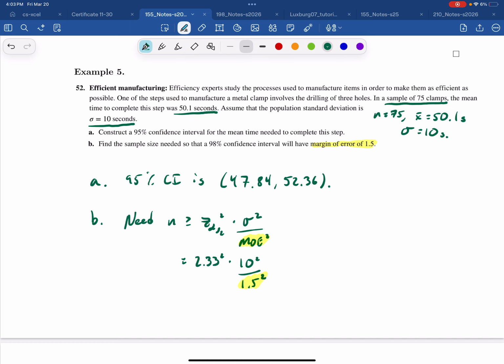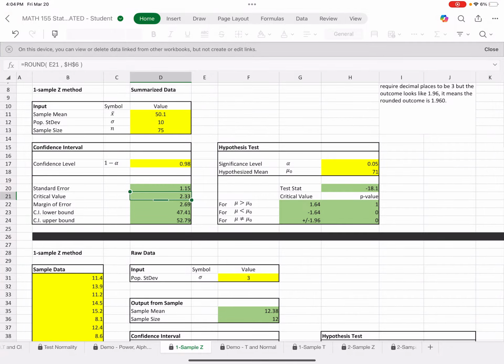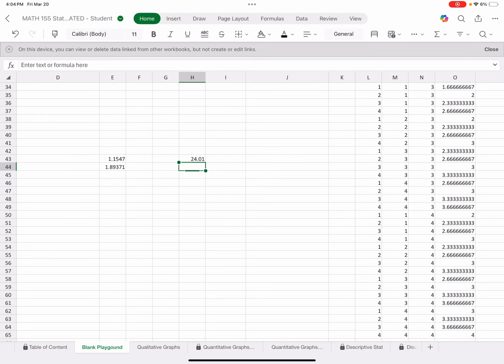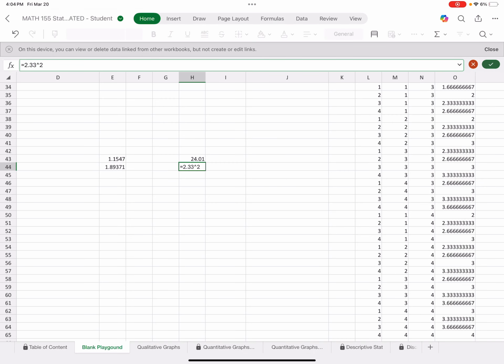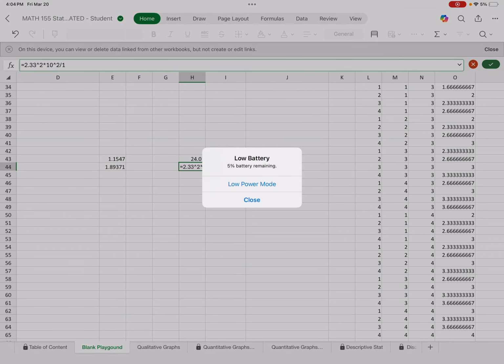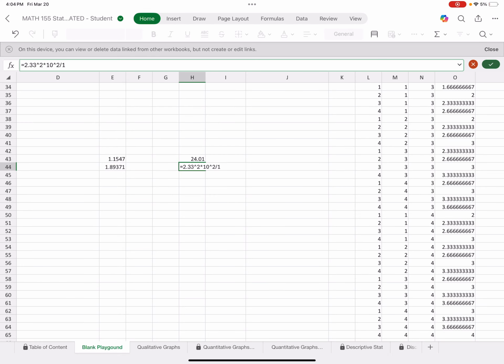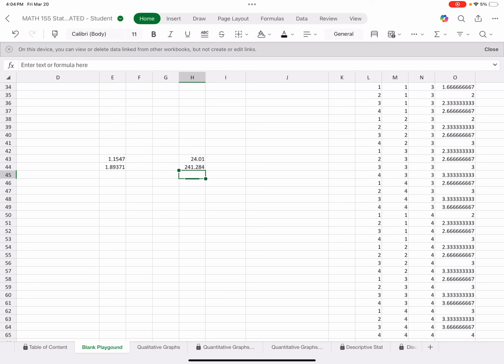All right. And then if we just do this out, let's go to Excel and bang it out in a calculator. So we'll just say equals 2.33 squared times 10 squared divided by 1.5 squared. 241.3, whatever.